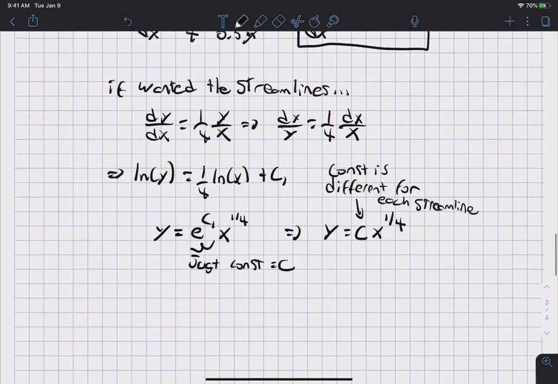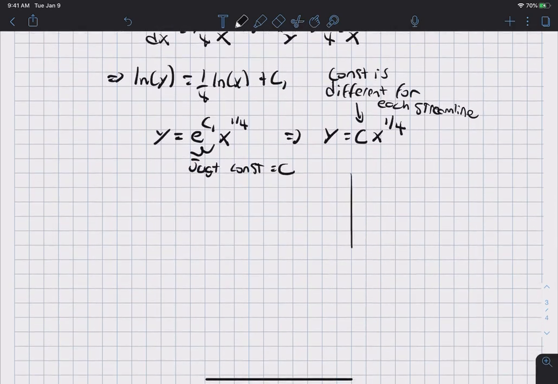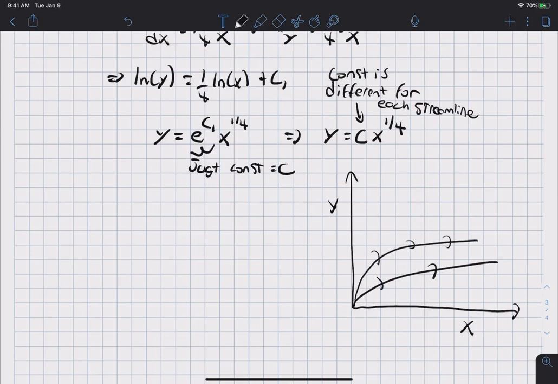Okay, and so for this flow field, the streamlines in the upper left quadrant would look something like this. x, y. Okay, and so this is what the streamlines would look qualitatively like.